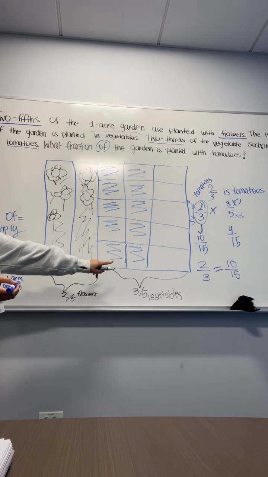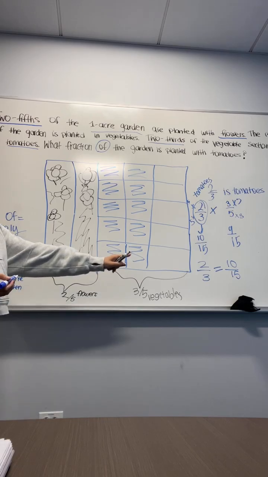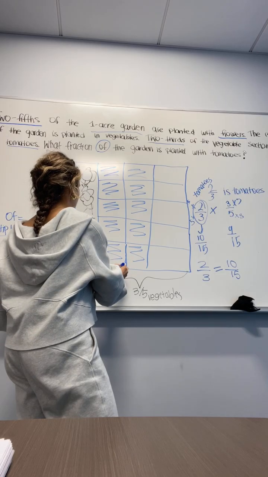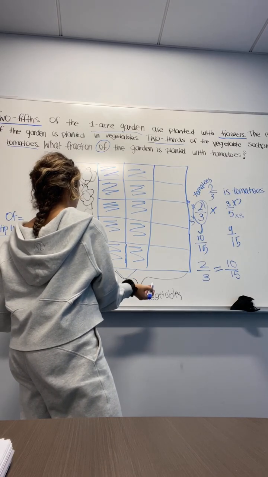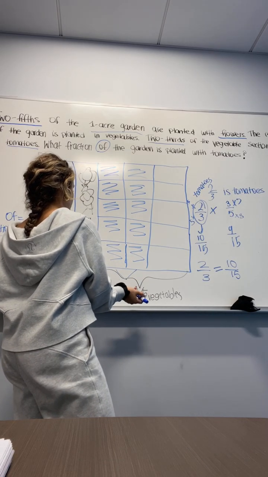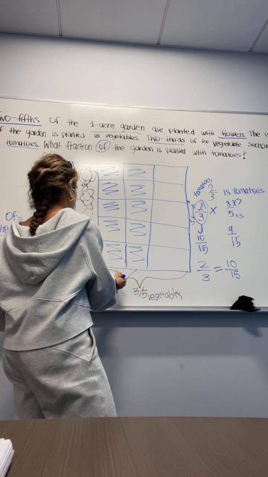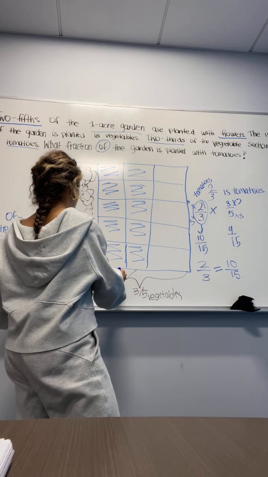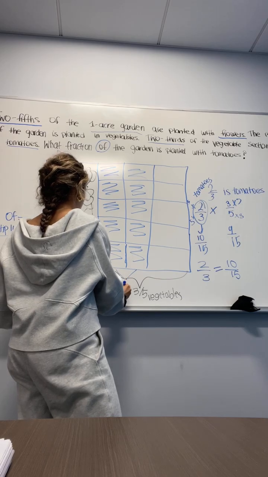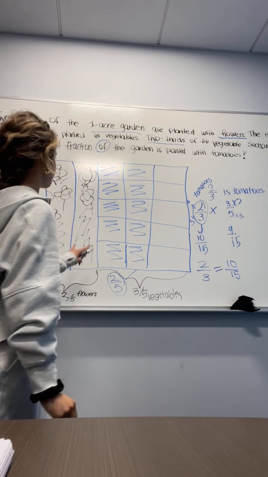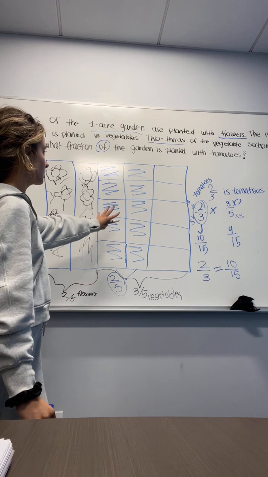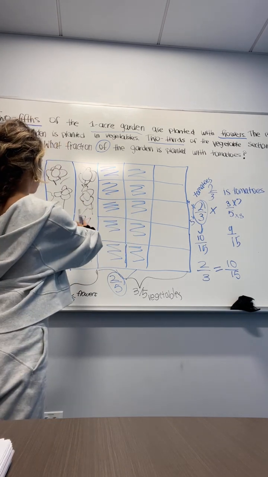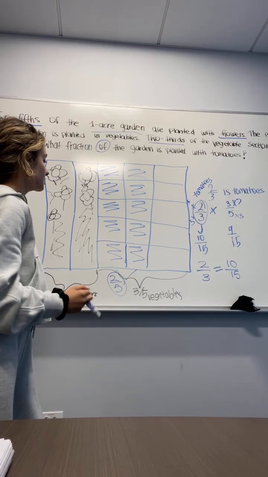So 10/15 would be our 2/3, and this would be our answer. Our answer would be 2/5, because this part and this part, if you line them up, it's the same thing and it's equal.